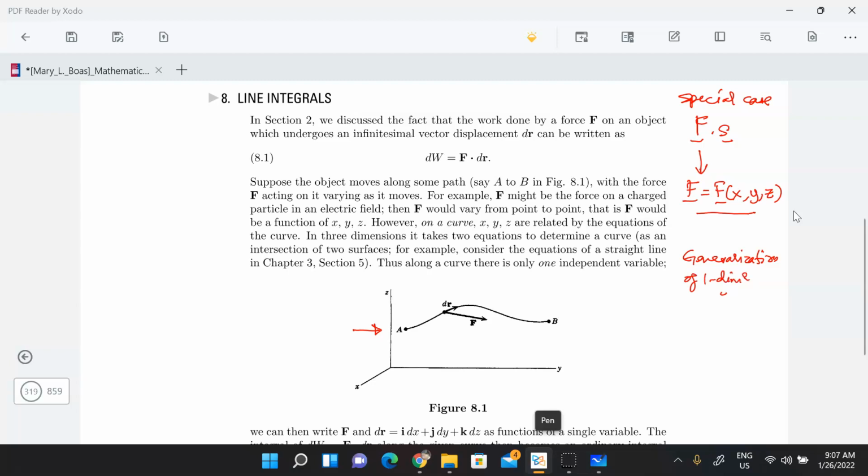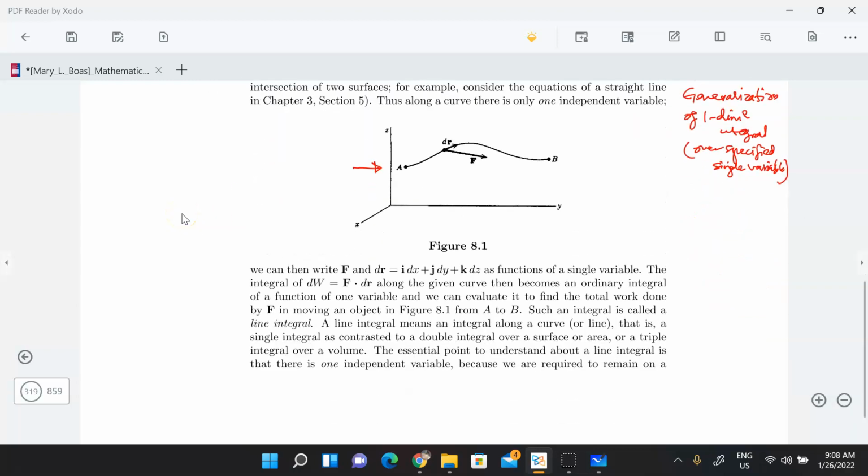But here, instead of having one particular variable, a single variable, now one is generalizing this in a way that one could actually have different variables coming in. So this is what we're going to look at.